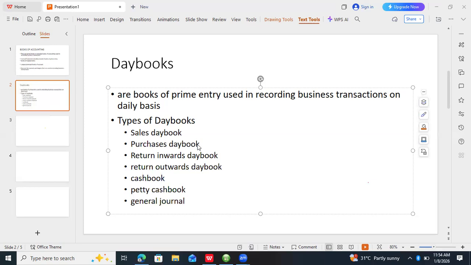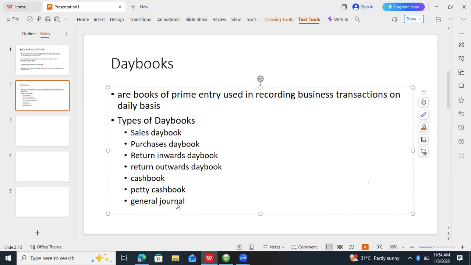Now, you can call the sales day book sales journal, right? Sales journal, purchases journal, return inwards journal, return outwards journal. The cash book is cash book. You can't call it cash journal or cash book journal. Okay, it doesn't sound well. In some books you may say, but it's cash book. Then we have the petty cash book.